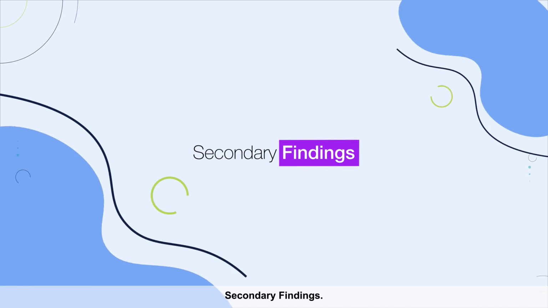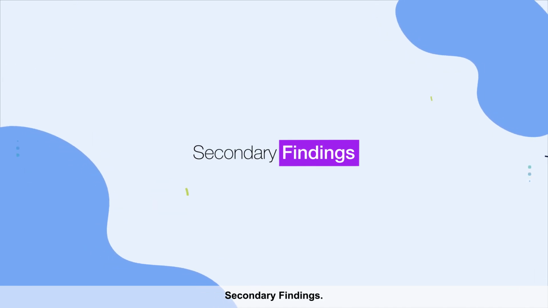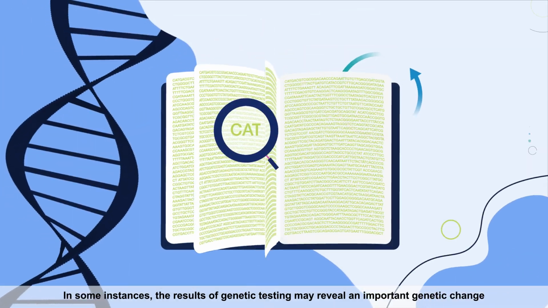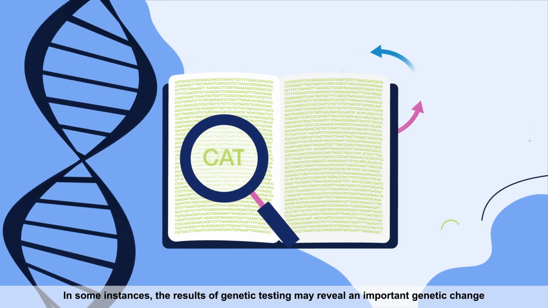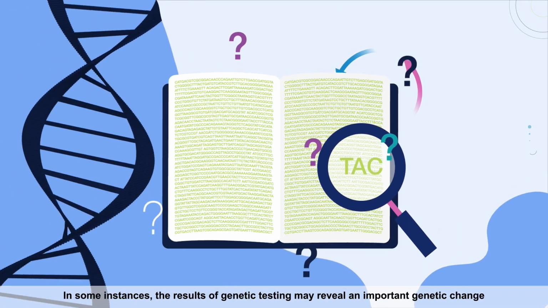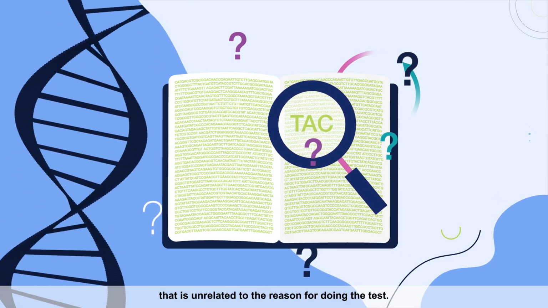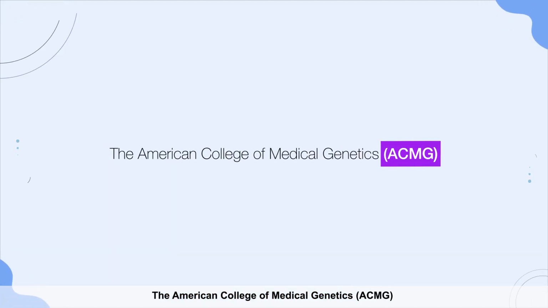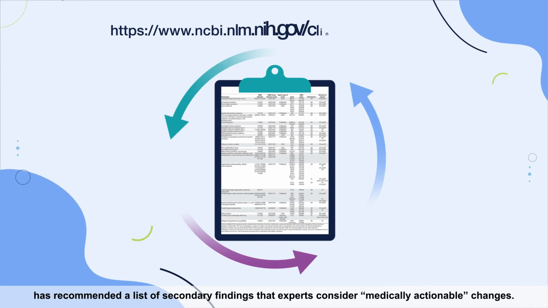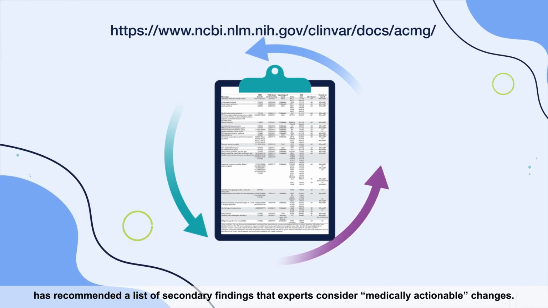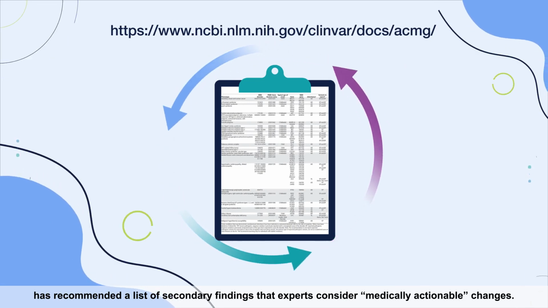Secondary findings. In some instances, the results of genetic testing may reveal an important genetic change that's unrelated to the reason for doing the test. The American College of Medical Genetics has recommended a list of secondary findings that experts consider medically actionable changes.